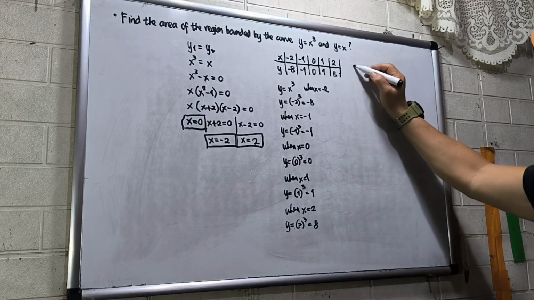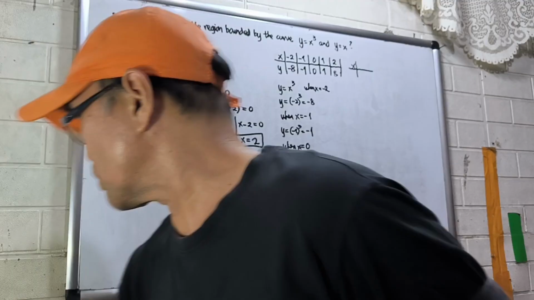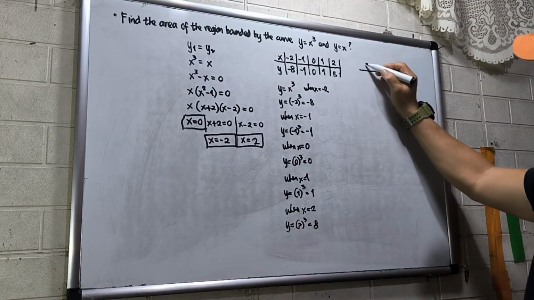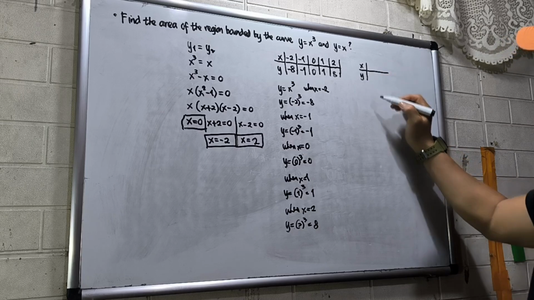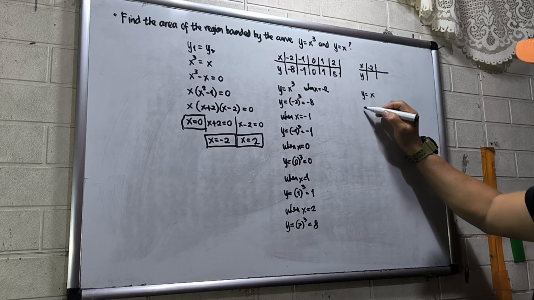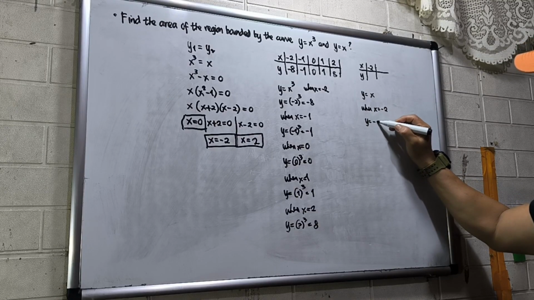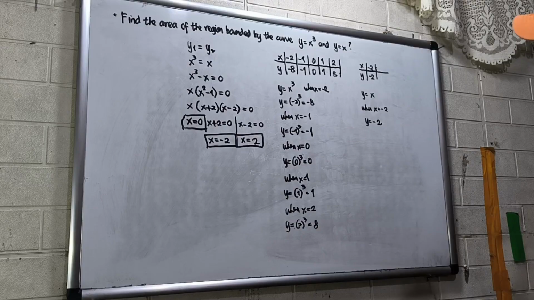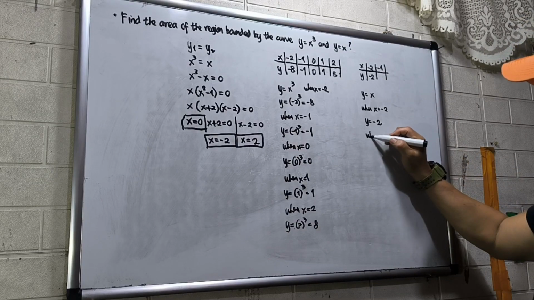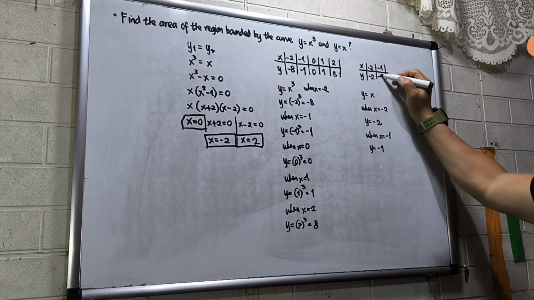Then how about the line? So x and y. This will be negative 2. So y equals x. When x equals negative 2, of course y equals negative 2. When x equals negative 1, y equals negative 1.